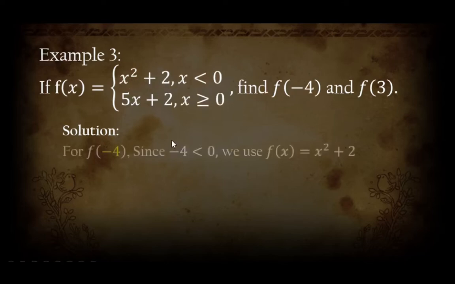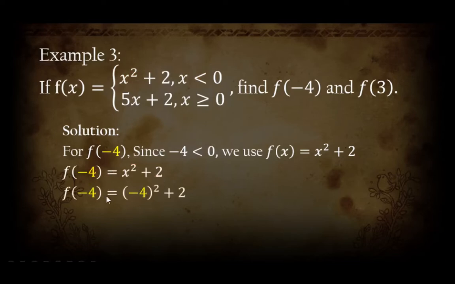Okay? So, like this one. For f of negative 4, since negative 4 is less than 0, that is true. Si negative 4 ay mas maliit kay 0, we use f of x equals x squared plus 2, yung sa taas na equation, kasi nandun yung restriction. Ngayon, pinlog in natin yung negative 4 sa taas na equation, x squared plus 2.